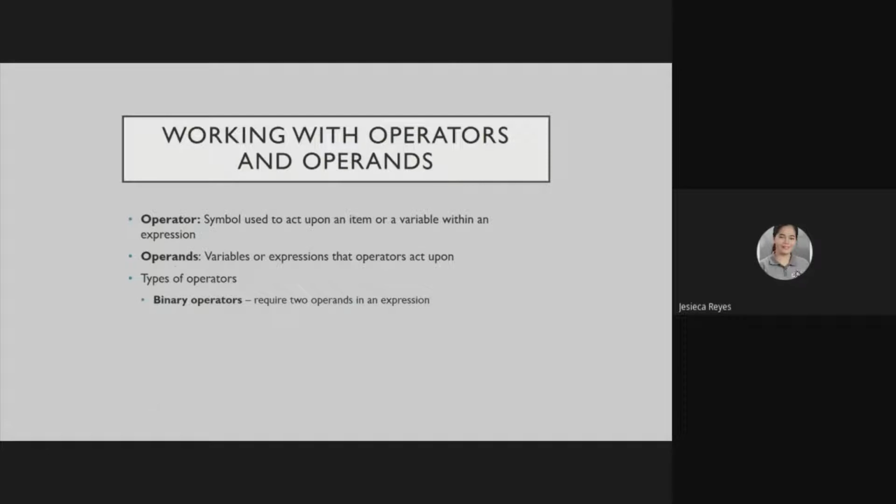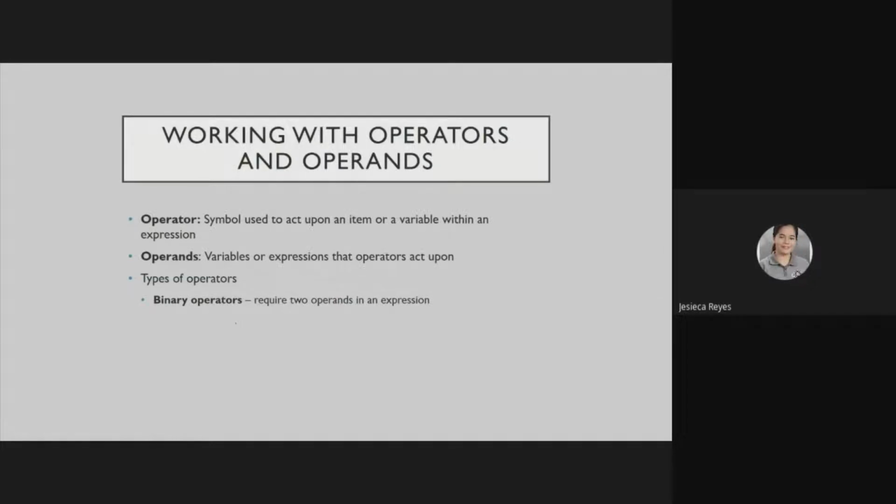Okay, so operands are variables or expressions that operators act upon. So for example, in an expression, you have two operands like a + b. A and b are operands, and plus is an operator.